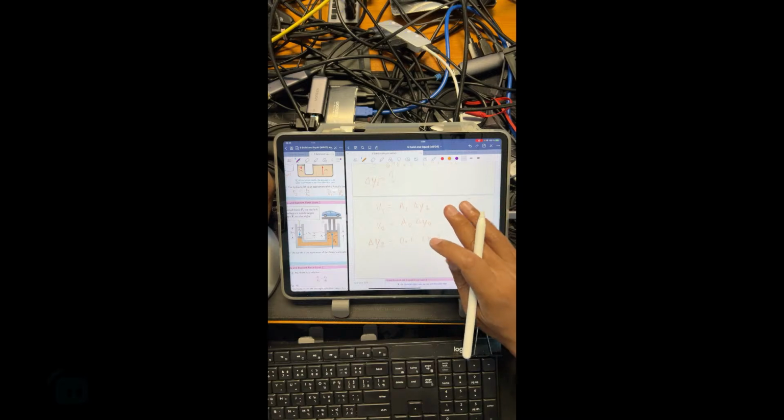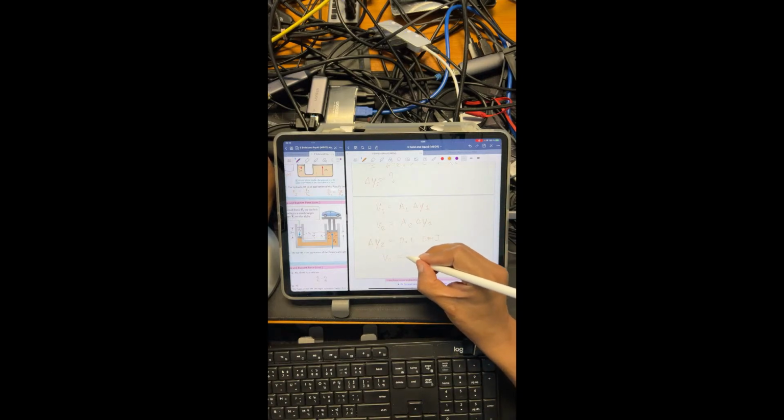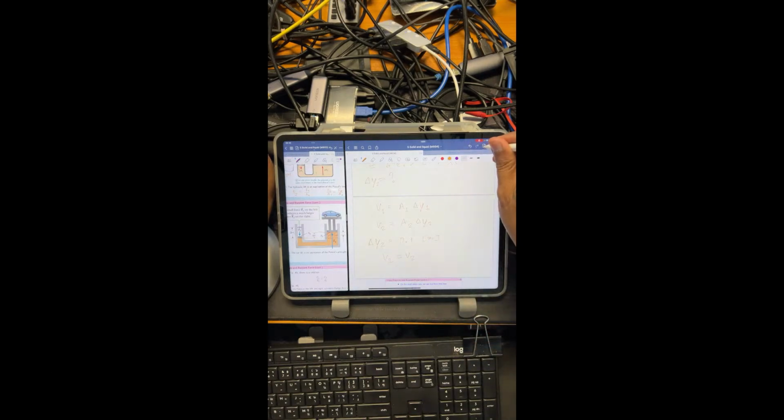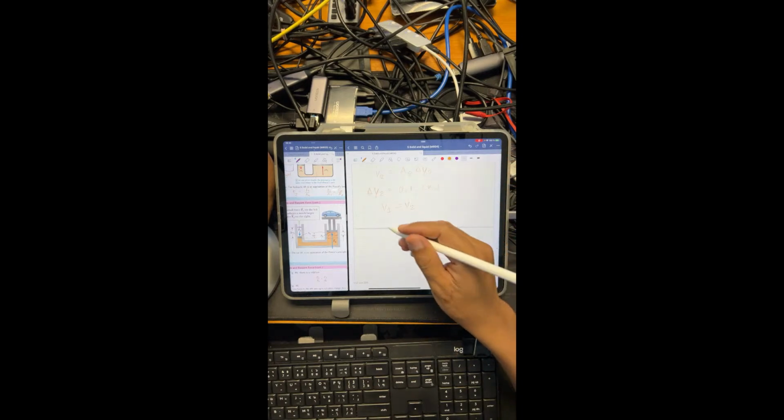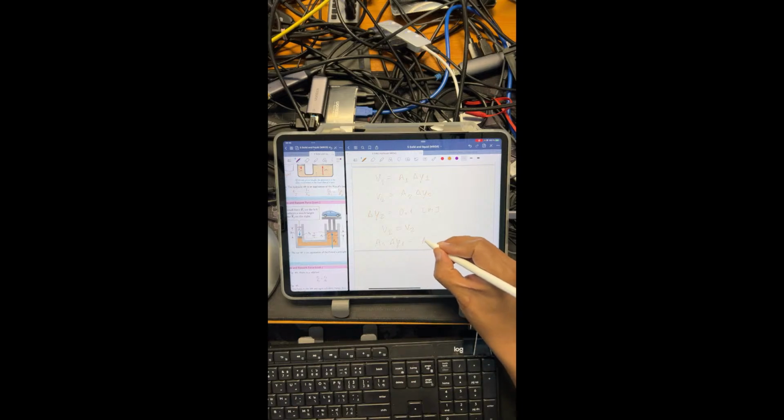When there is no leak of hydraulic oil, it means that V1 will be equal to V2, okay? And with this assumption, we would get A1 delta Y1 equals A2 delta Y2, right?